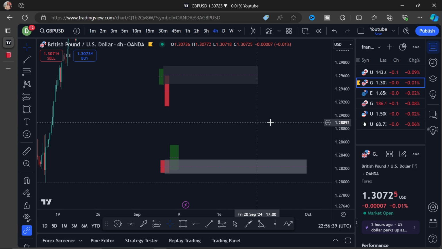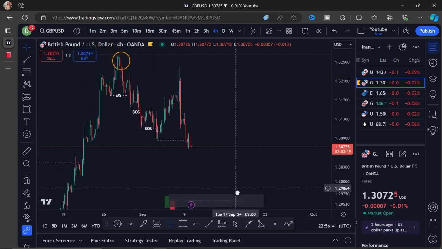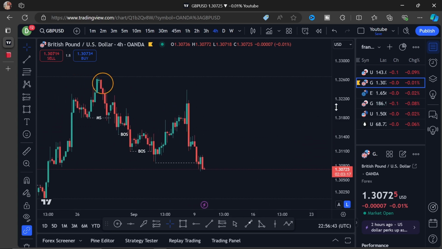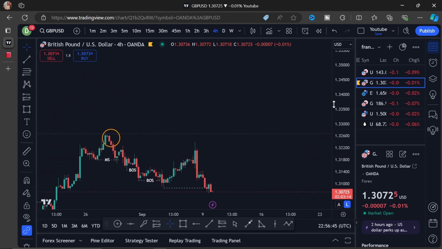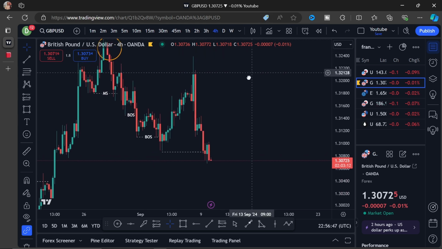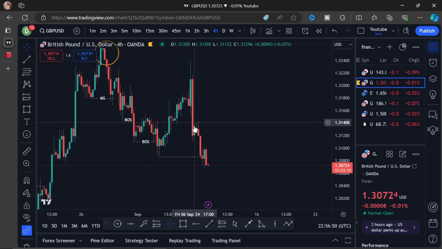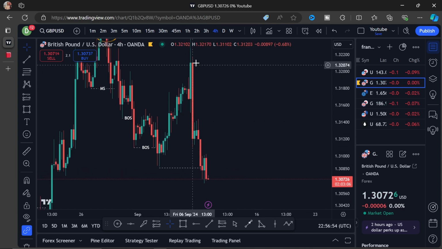Now with this in mind, let's look at this market on the 4-hour time frame. Looking at the 4-hour time frame right now, we can see that this place here led to a break of structure. You can see after the market made this movement, it gave us a break of structure at this point here.